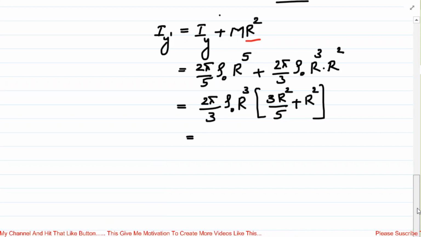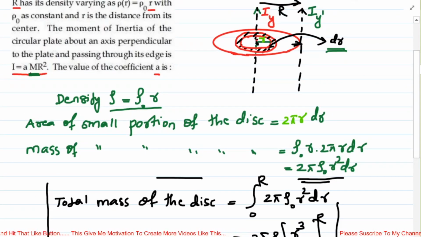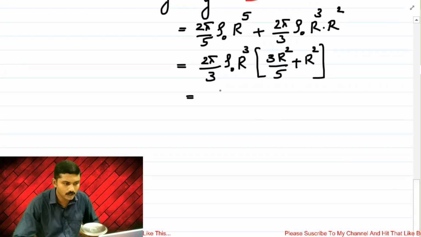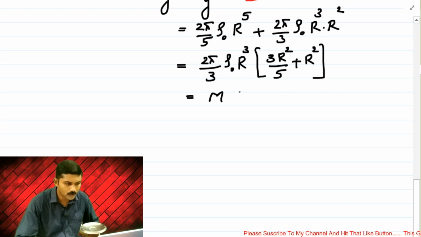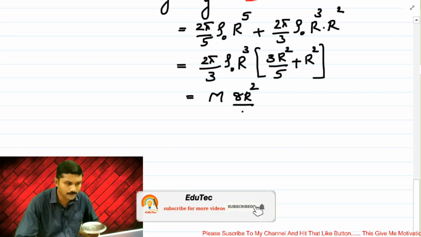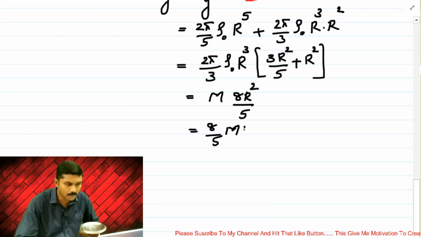Because in the final answer we have already mentioned that we have to give the mass. That is why we are forced to put in this particular thing. This is capital M. When you analyze this applying LCM, you will get 8r square by 5, which gives you 8 by 5 M r square.